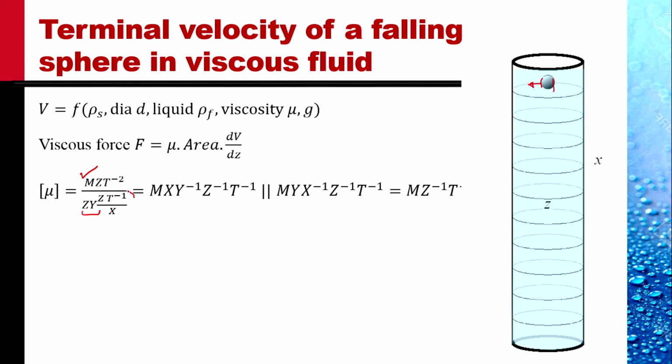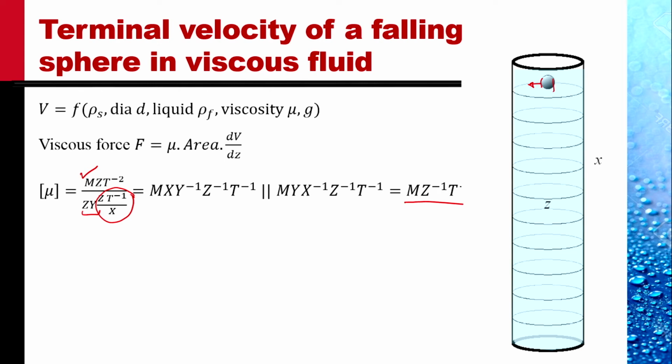So that would be z t raised to power minus 1 as velocity and d velocity by dx. So these are the dimensions that are obtained as m x minus 1 t.